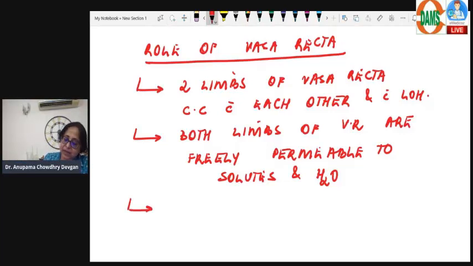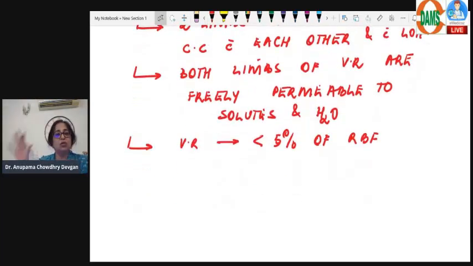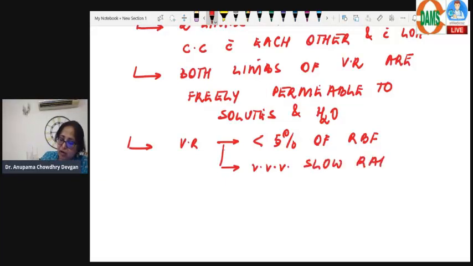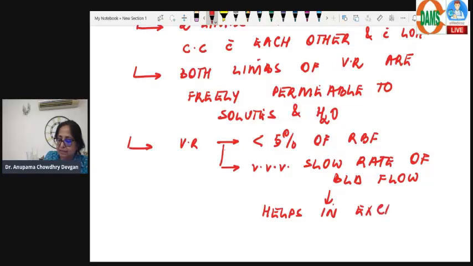Next important point, vasa recta receives less than 5% of the renal blood flow. 95% of the renal blood flow goes into the cortex. So it has a very, very slow rate of blood flow, and this helps in the exchange mechanism.